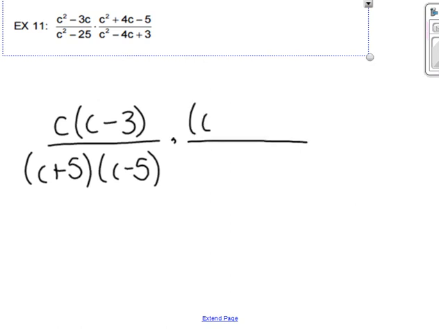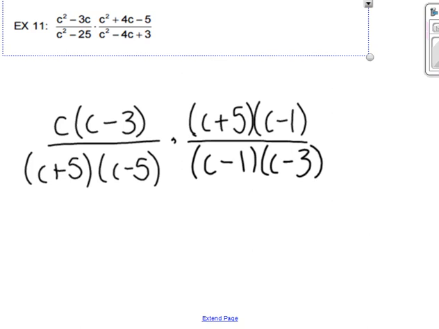Here I get c plus 5, and then c minus 1. So I need a negative 5, but that distributes out to positive 4. And then here I need a c minus 1 and c minus 3. So you have to be pretty good at factoring, pretty efficient at it.